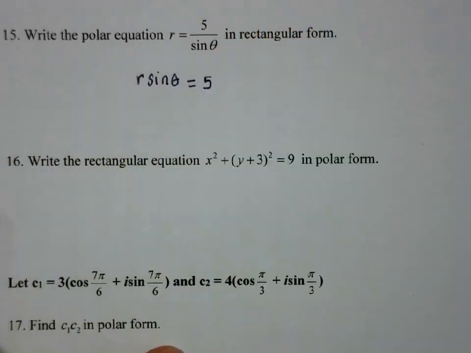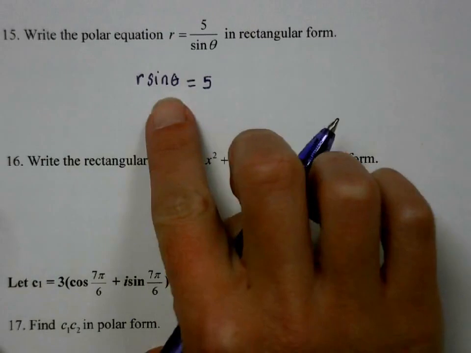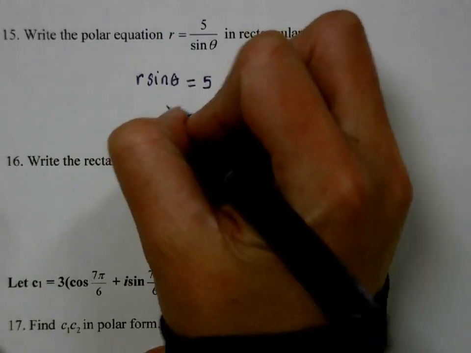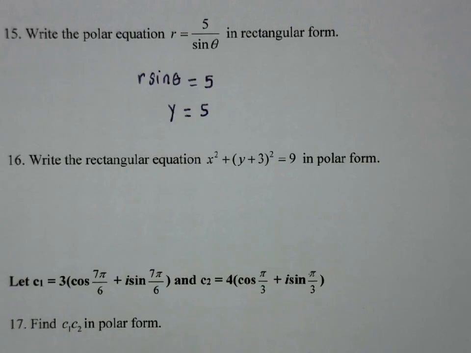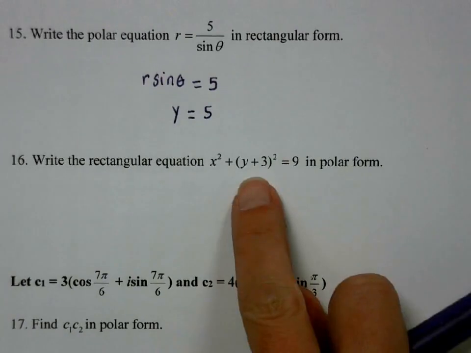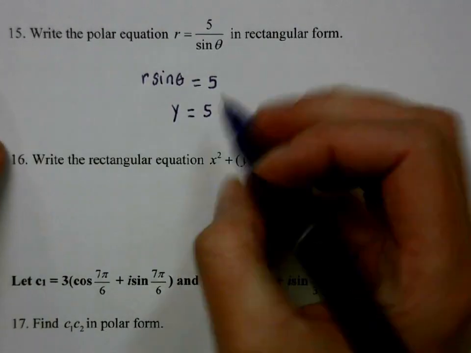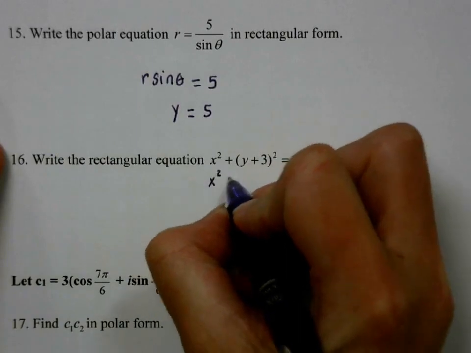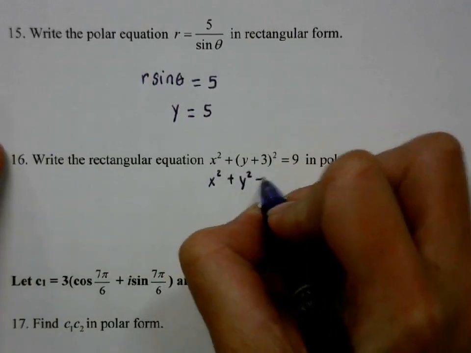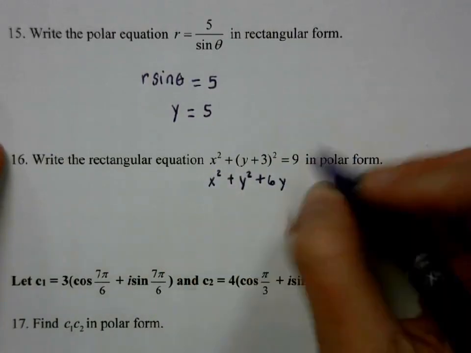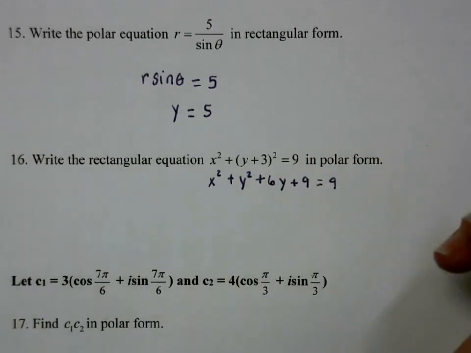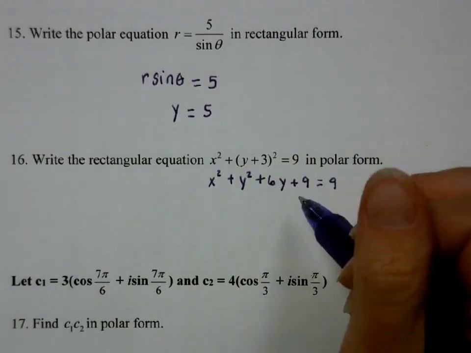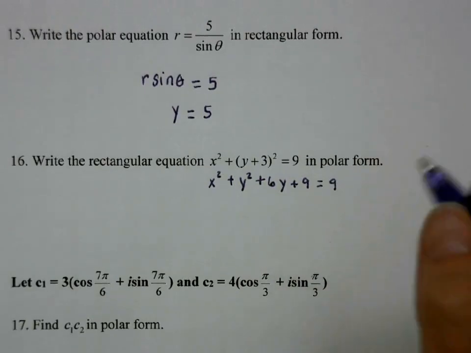This one, I'm going to first start by foiling this part. Okay, the 9 and 9 cancel. So I'm going to write this as x squared plus y squared equals negative 6y.